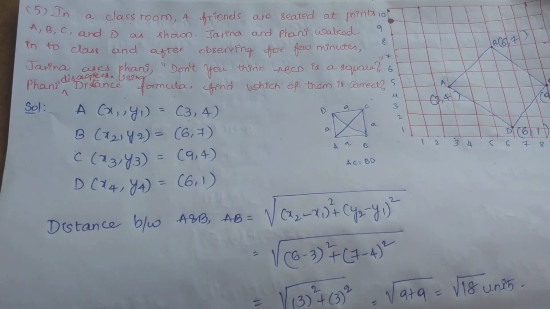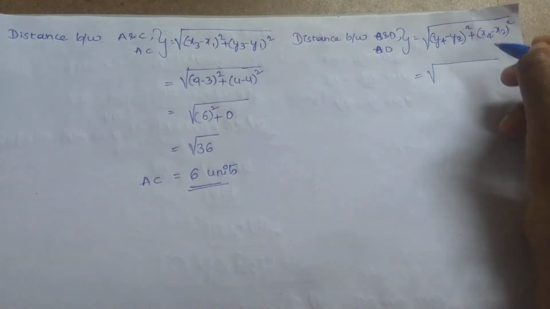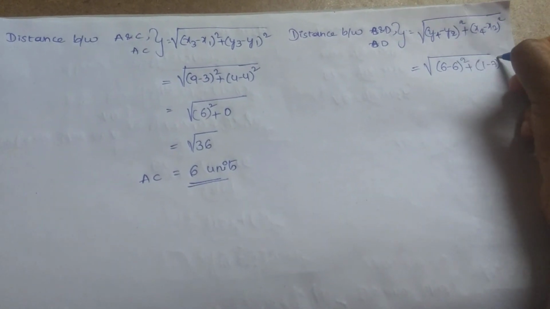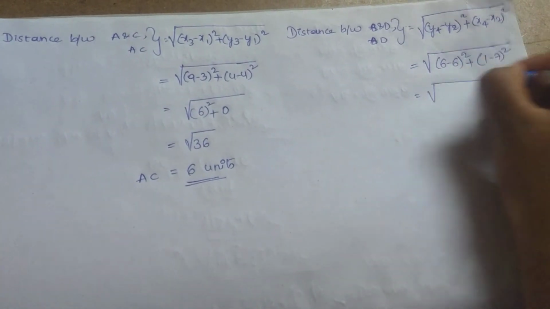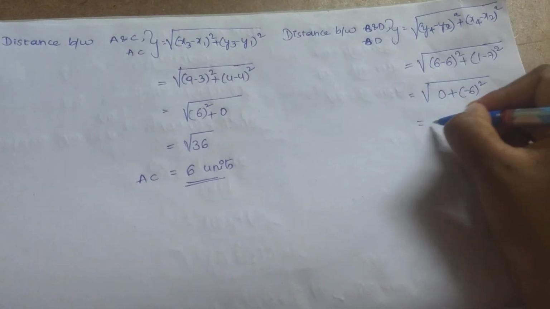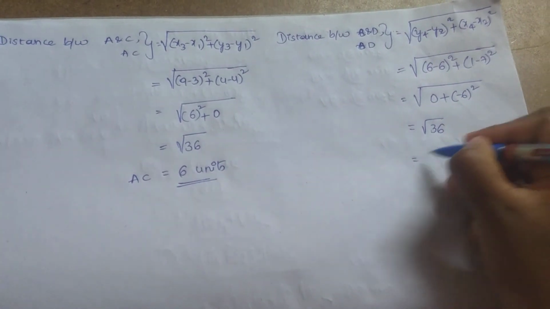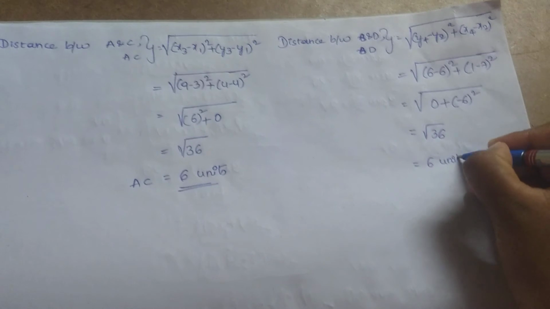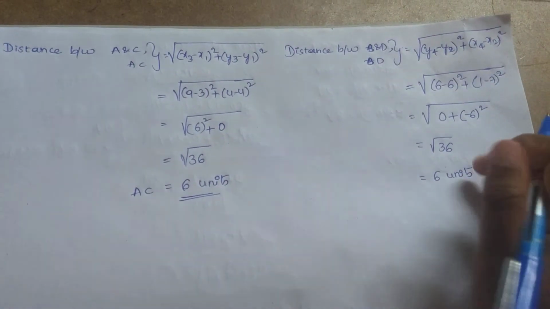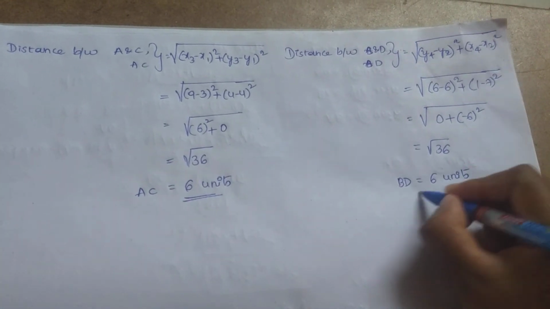Let's simplify this. 6 minus 6 is 0. 0 plus 1 minus 7, it is minus 6 square. We'll get square root of 36. 6 square is 36, right? What is square root of 36? It is plus or minus 6, but we consider only the positive value since distance is a positive term. Clear? So the distance between B and D, that is BD, will be 6 units here.